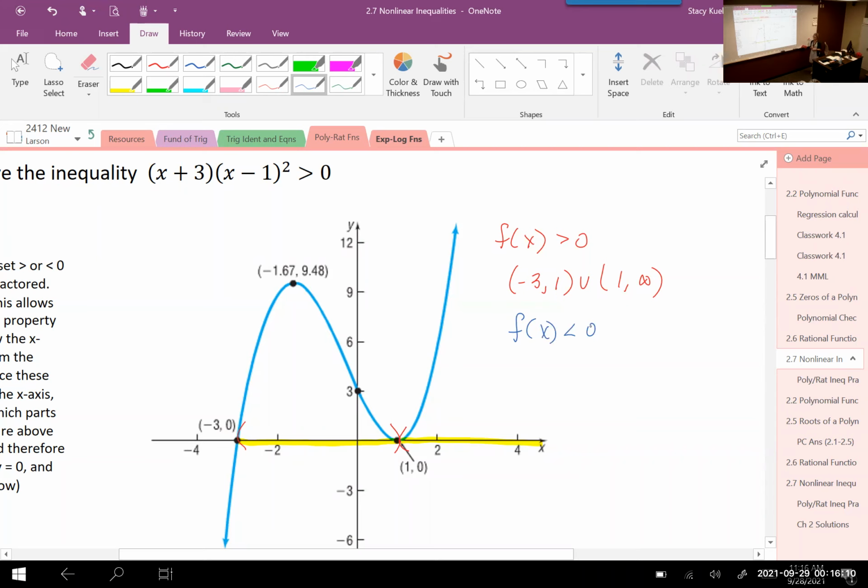Then it would be negative infinity to -3. It's the only portion that would be less than. All right, so graphically, it's pretty easy. These are the solution sets that we're going to be solving for. That's how we write our answers.